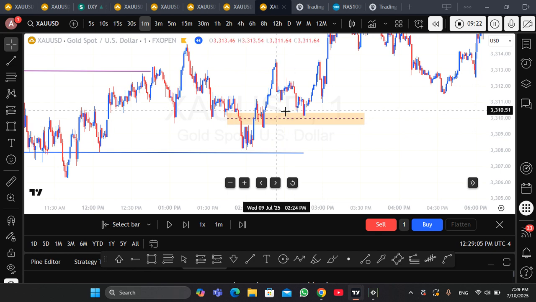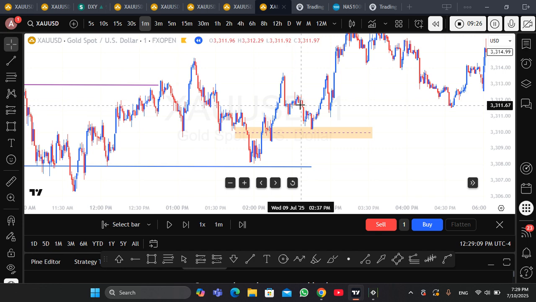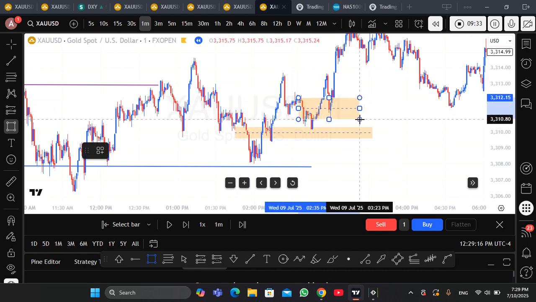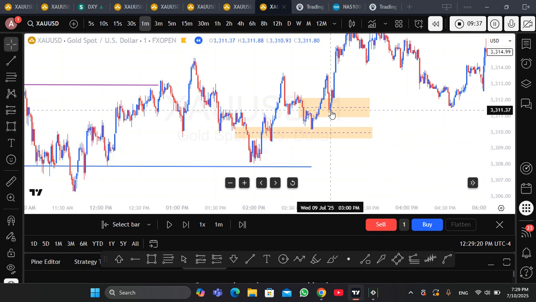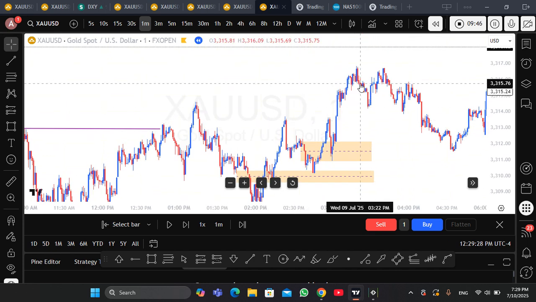The price moved upward and then returned to this area, and there is also an inverted fair value gap in this area. I made a buy here also, and the price moved upward, about 15, and I went out of the market.